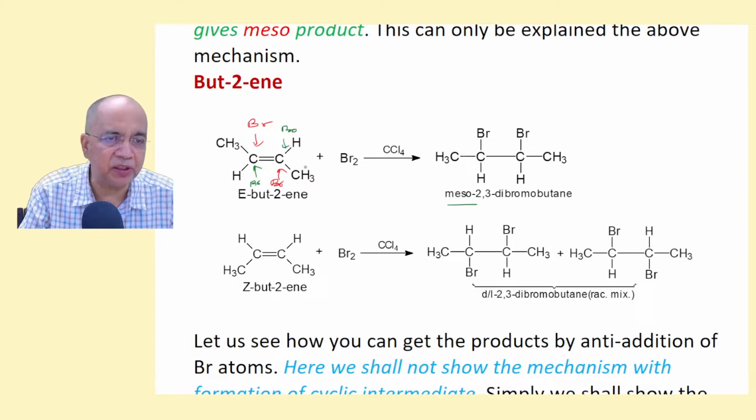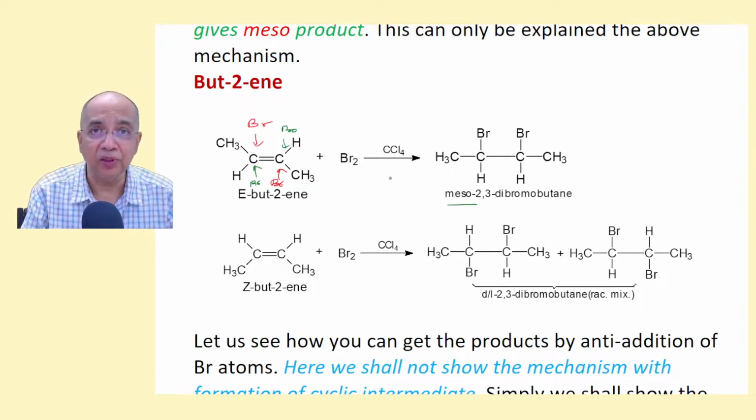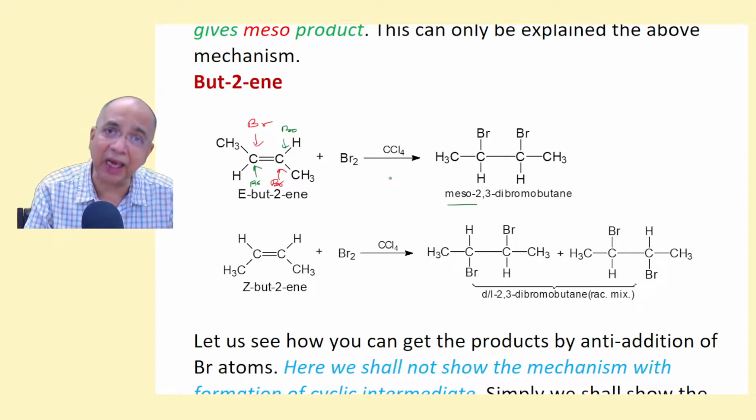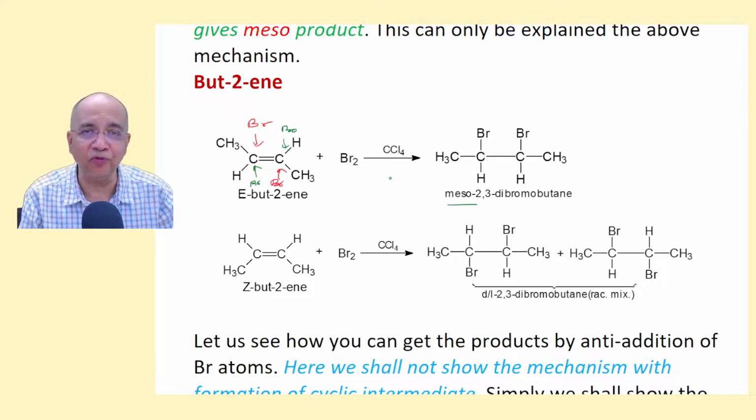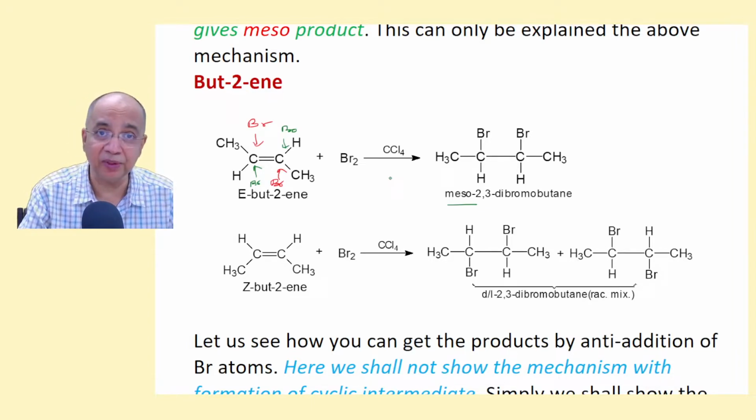But actually here, methyl, methyl opposite, hydrogen, hydrogen opposite, bromine, bromine opposite. I could have written two forms, but they are superimposable. The mirror image of the meso form, as you know, is one and the same. So there is only one meso form for such a molecule having two identical types of chiral centers.